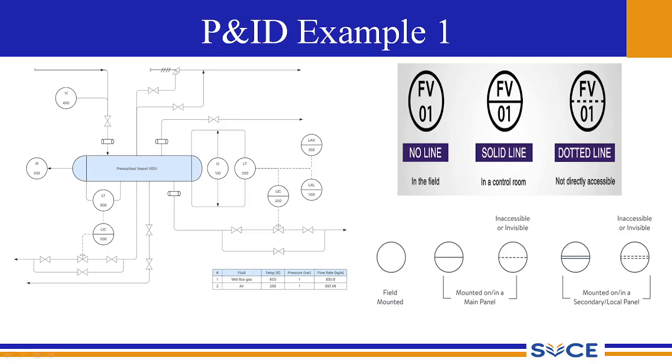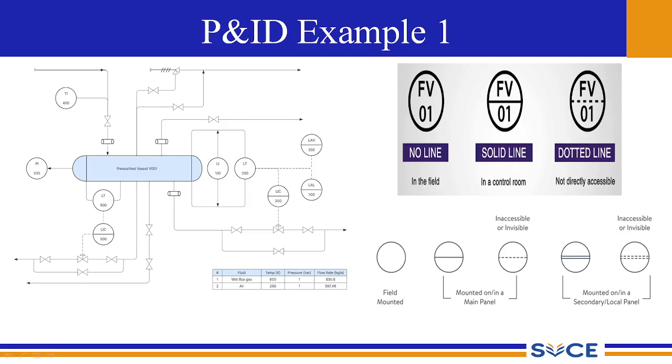Here I already told you about the various lines that are used in the gauges and the measuring devices. If you see only a single circle without any lines, then the instrument is present in the field, which is also known as a field mounted instrument. Now if you see a solid line in the circle, that means it is mounted on the main panel.